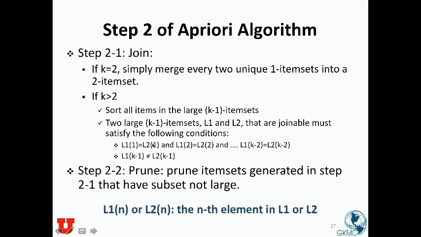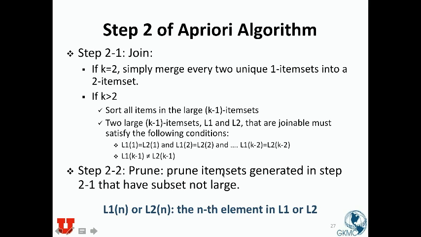So L1[1] and L2[1] mean the first element of set L1 and the first element of set L2. When these two are equal, the two sets have the same first item, for example X, and the other elements are not the same. By merging these two together, you get a 3 item set.